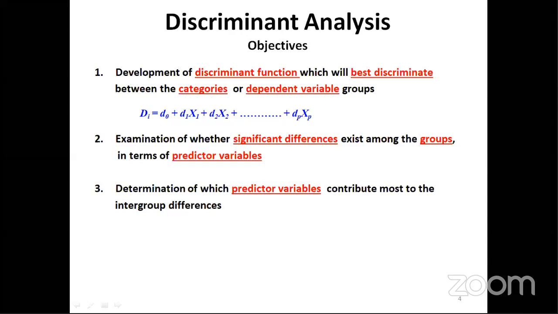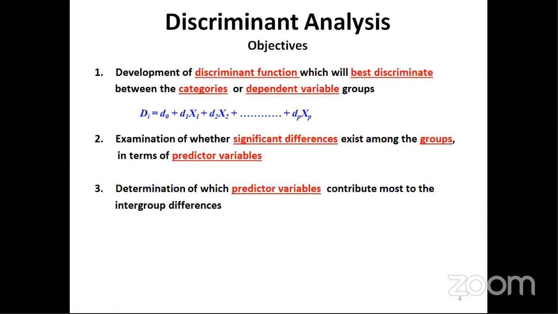Here also it is the same, here also we will use the same concept: identify the contribution of each predictor to make the differences between or among the groups.